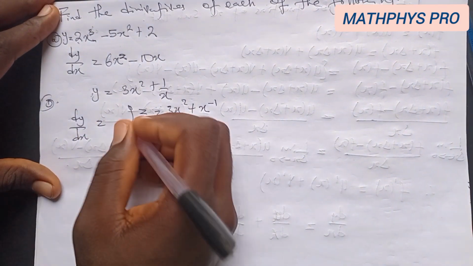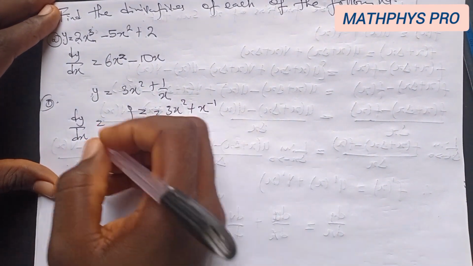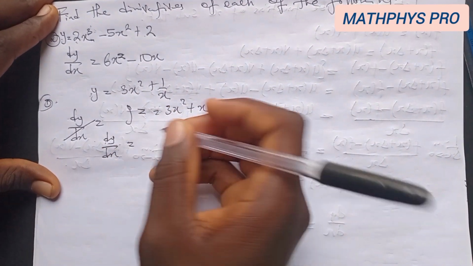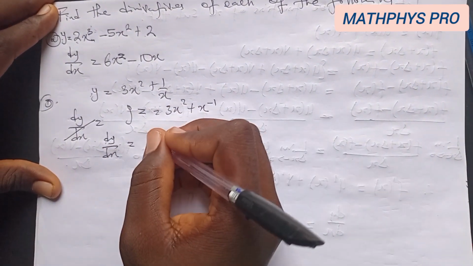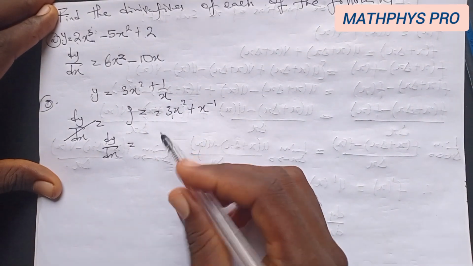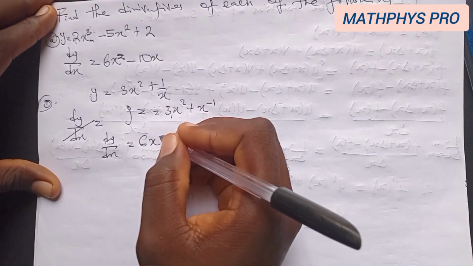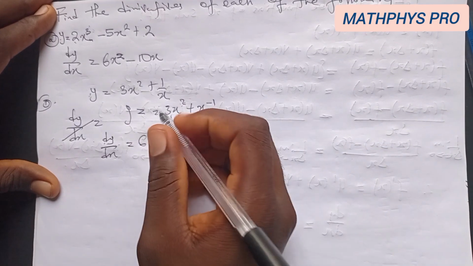So we can say that dy dx is equal to 2 times 3 gives you 6. So 2 minus 1 gives you x raised to 1, so there's no need putting the 1 there.